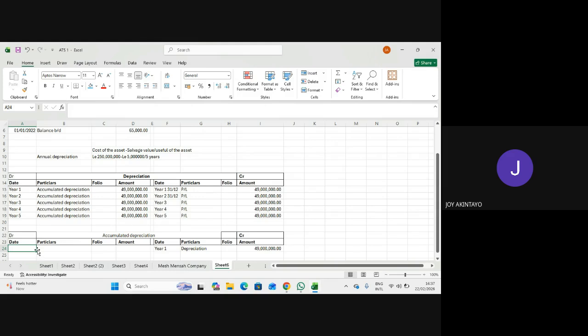So what do we say? At the end of year 1, then we'll call it balance carried down. Are we together?